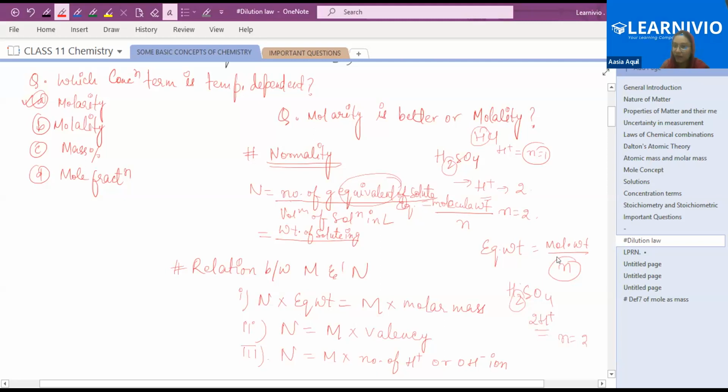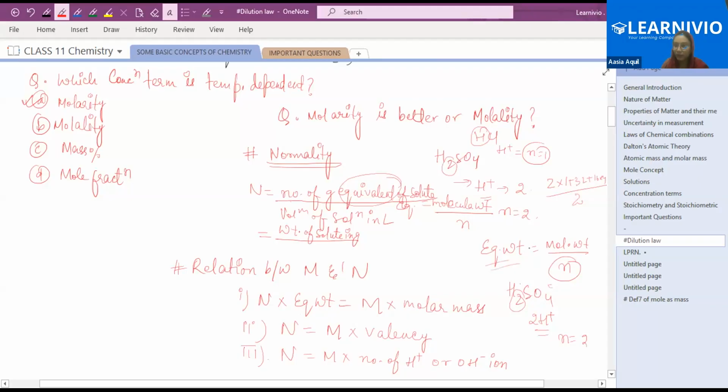So, for example, you have to calculate the equivalent weight of H2SO4. First calculate the molecular weight. Molecular weight will be 2 into 1 plus for sulfur it is 32 plus 16 into 4, divided by its n factor. N factor is what? 2, right? So it will give you your equivalent weight.